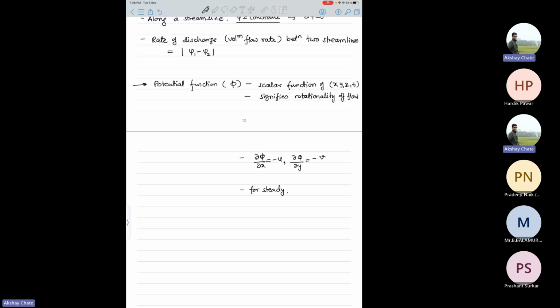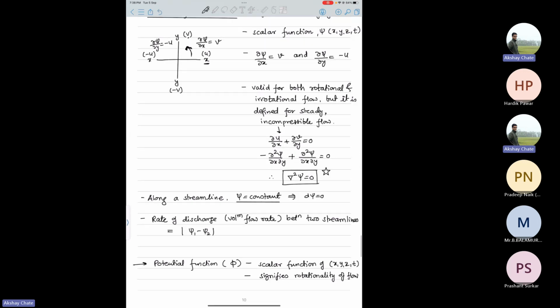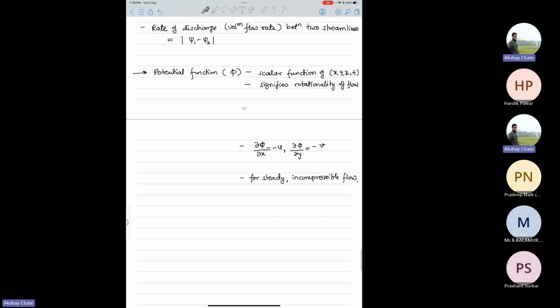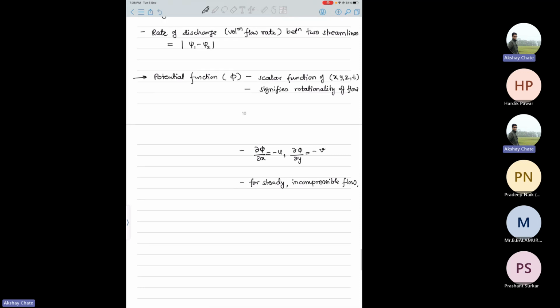For steady incompressible flow, again you go back and put this definition here.